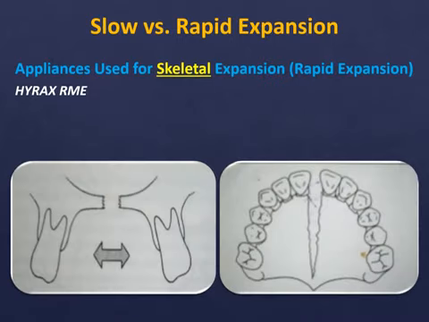So they act by applying heavy force, which can split the mid-palatal suture, and therefore you can see a diastema during this expansion.